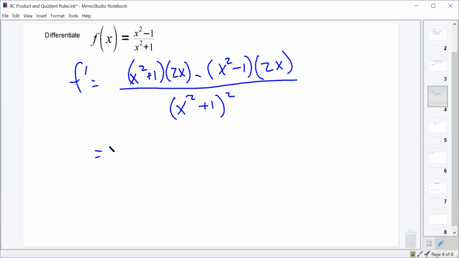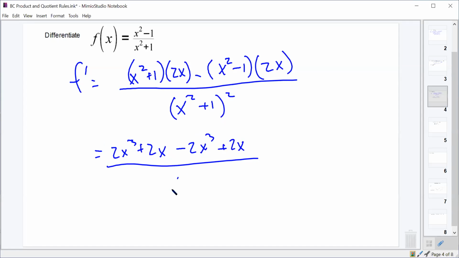And we'll end up with 2x cubed plus 2x minus 2x cubed plus 2x all over x squared plus 1 squared, or 4x over x squared plus 1 squared. Everybody good with the quotient rule there? Everybody all right? Easy enough?